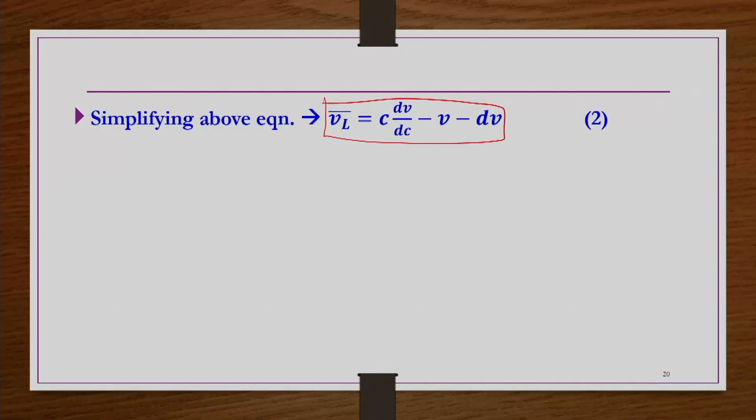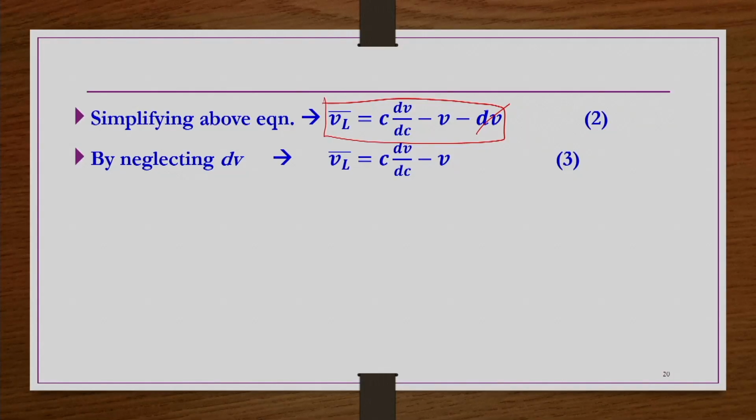V is the settling velocity of the particles, and V plus dV is the settling velocity of the particles just above that layer. Since the layer is very thin, the change in settling velocity from the upper edge of this layer to the lower edge is very small, negligible compared to V. So, we have VL bar is equal to C dV by dC minus V.